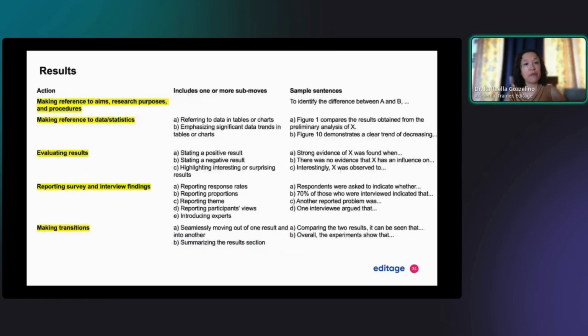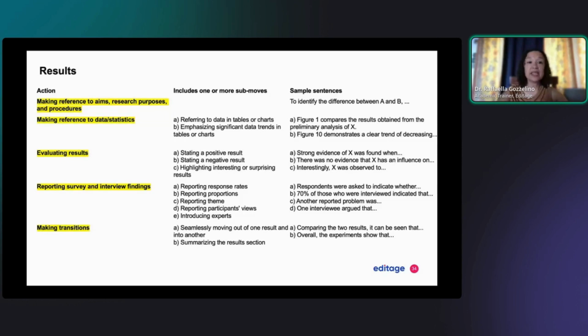So you need to use the results to make reference to the aim, the research purposes and the procedure, and like this you can identify the difference between A and B, for instance, if you want to write a sentence.